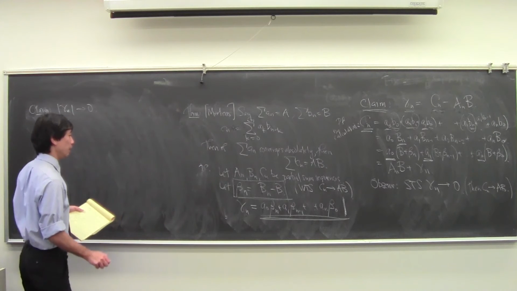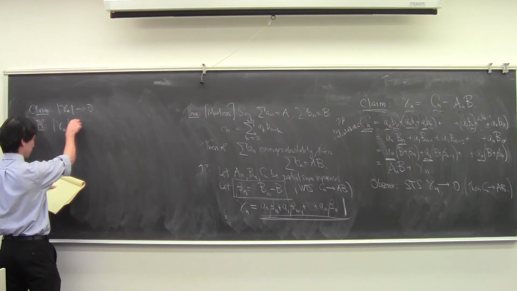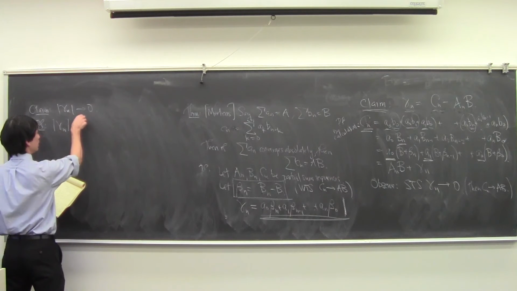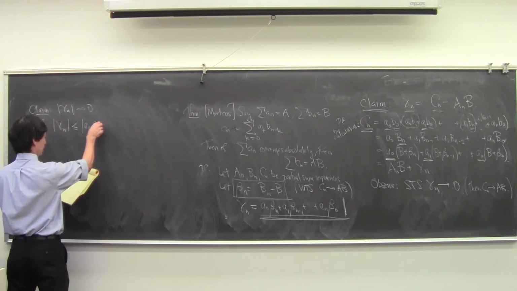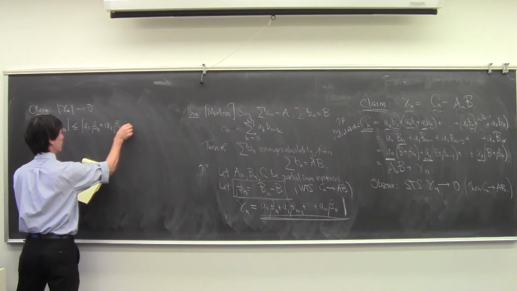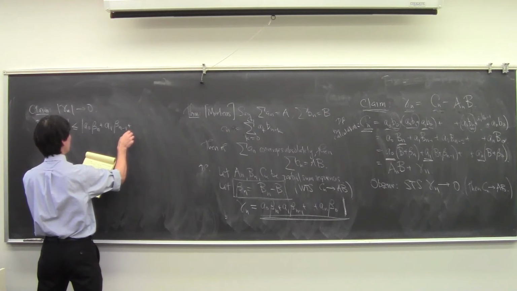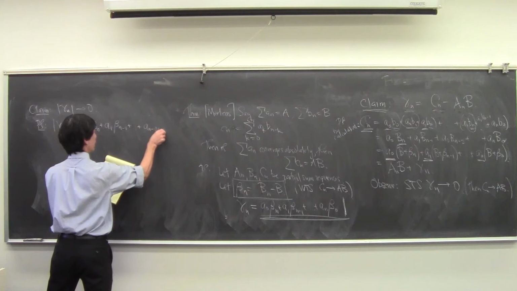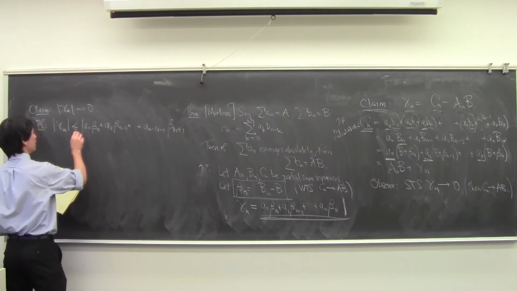Gamma sub n, by the triangle inequality, is smaller than A naught beta n plus A1 beta n minus 1, plus and so on, up to A sub n minus 1 beta 1.